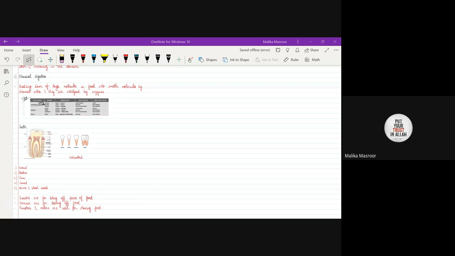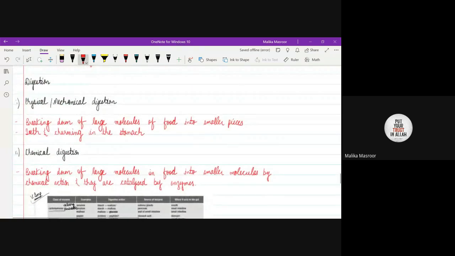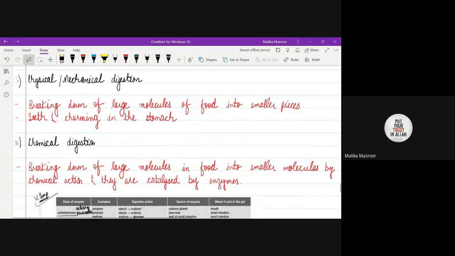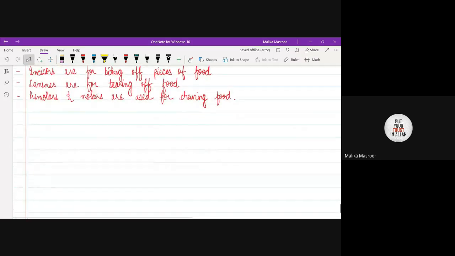Alright, now let's talk about absorption and assimilation. By the time your food has passed through the duodenum, the majority of large molecules have been fully digested.